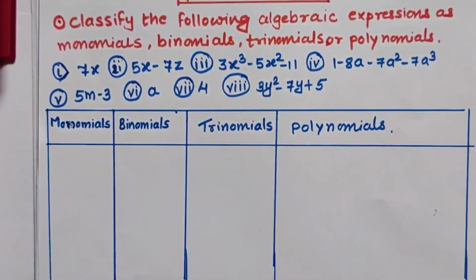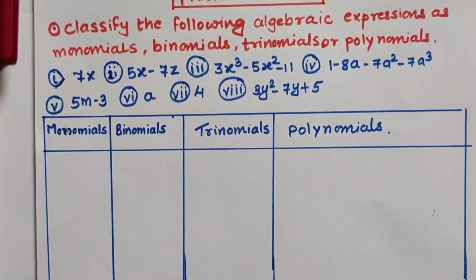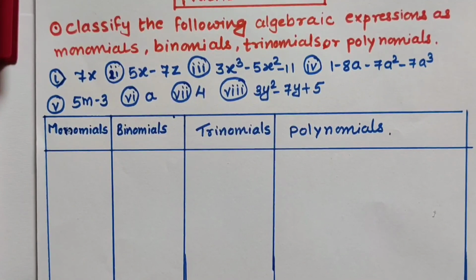So as you all can see, I have already made the chart of monomial, binomial, trinomial and polynomial. We have to write all these expressions one by one. Check the expressions. As I have told you, the terms are separated by plus and minus signs.